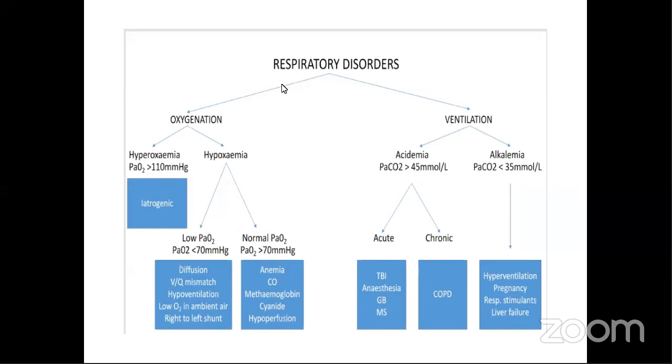And for chronic respiratory acidemia, a very famous pathology is COPD. Alkalemia, it's a presence of high pH with low CO2 and causes for those are hyperventilation, pregnancy itself, respiratory stimulants such as caffeine, for example, doxapram, and liver failure.